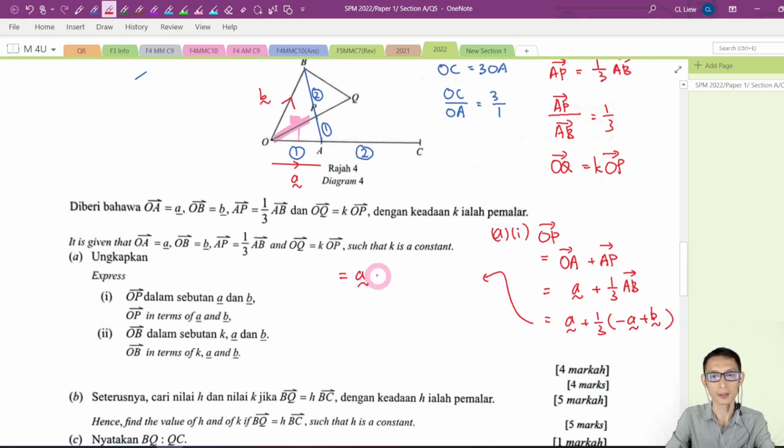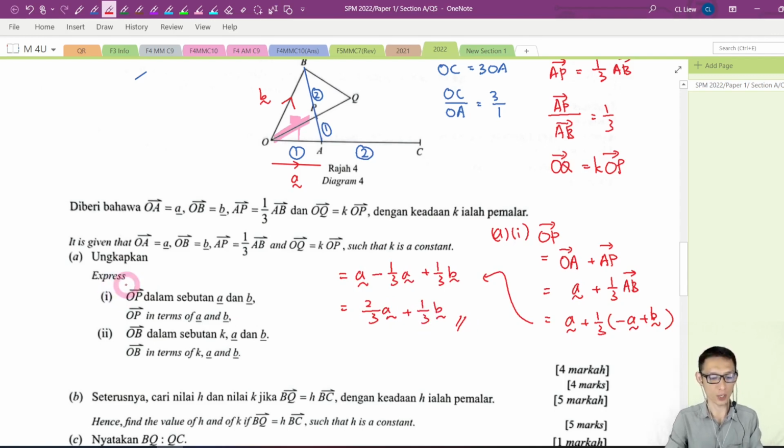So this is A minus 1 over 3A plus 1 over 3B. This is 1A minus 1 over 3A. You will get 2 over 3A plus 1 over 3B. This is the answer for part 1.